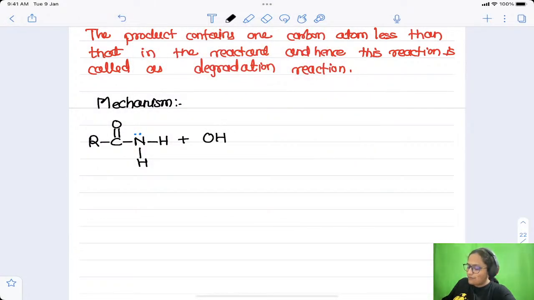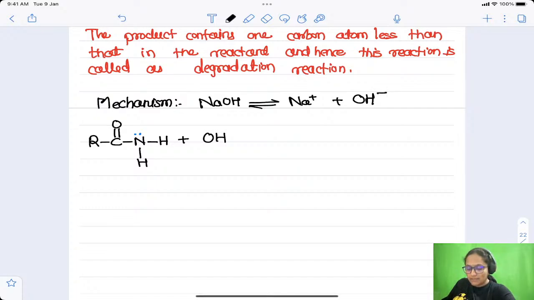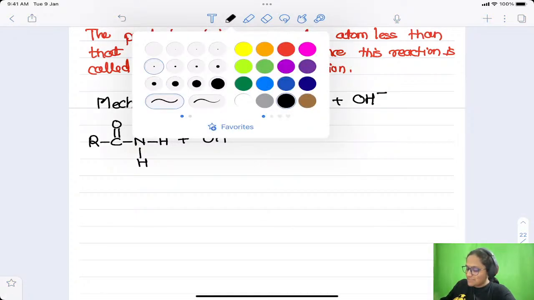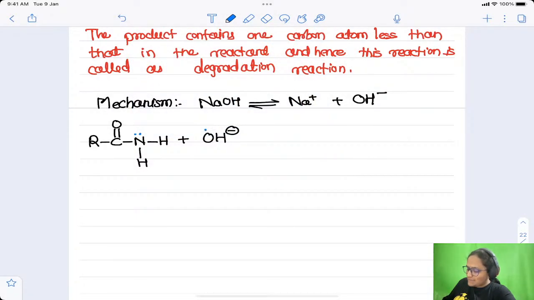OH minus comes from NaOH, which dissociates into Na plus and OH minus. So OH minus means there is a negative charge on the oxygen of the OH group. Negative charge means one extra lone pair. Ideally there should be 2 lone pairs on oxygen, but here there are 3. So this is the OH minus. Now what happens here?